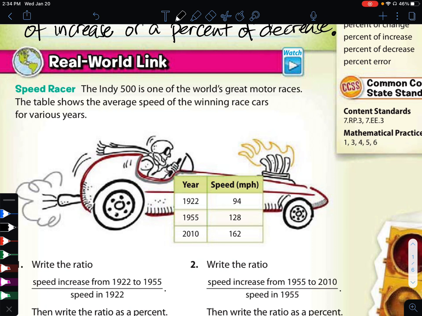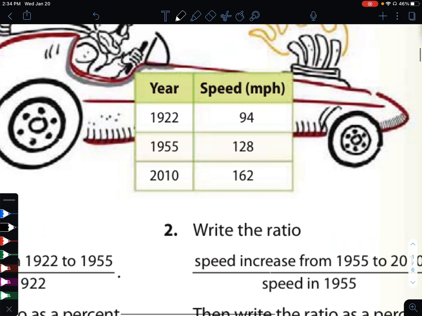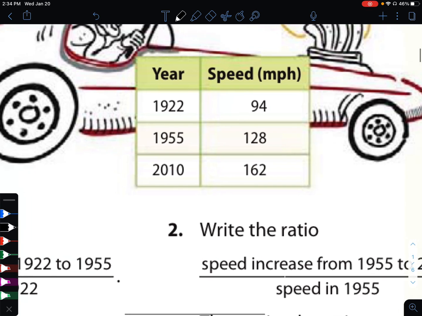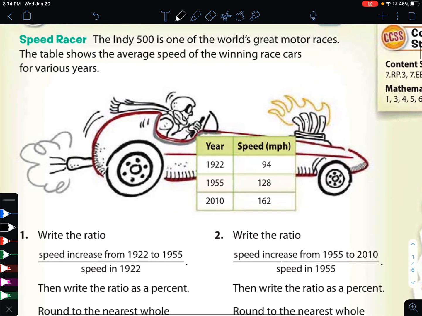If you are not familiar with the Indianapolis 500, it is done in Indianapolis, and it is 500 because you do 500 laps around the track, and whoever survives the 500 laps and is the first to cross the finish line wins. In 1922, the average speed of the cars is 94 miles per hour. In 1955, it's 128 miles per hour. In 2010, it's 162 miles per hour.